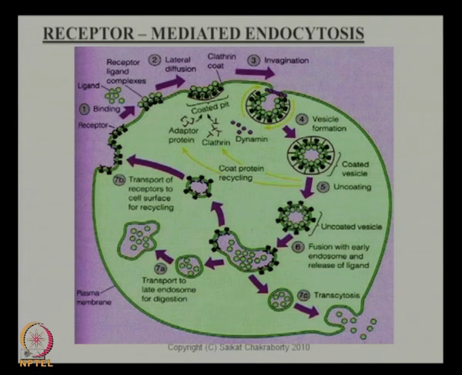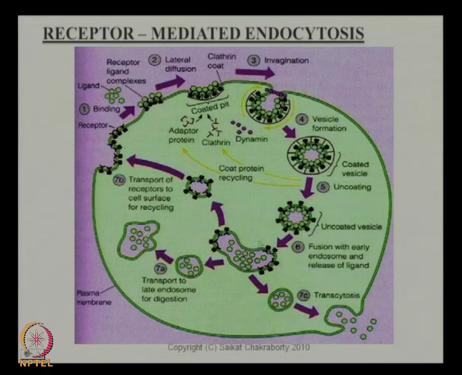On these vesicles, they open up hydrogen ion pumps, and these hydrogen ion pumps pump in hydrogen ions from the cytoplasm inside the vesicle, and when these hydrogen ions are pumped in, the pH of the system goes down, and the reaction is favored in the backward direction, and the complex now dissociates into the ligand and the receptor.